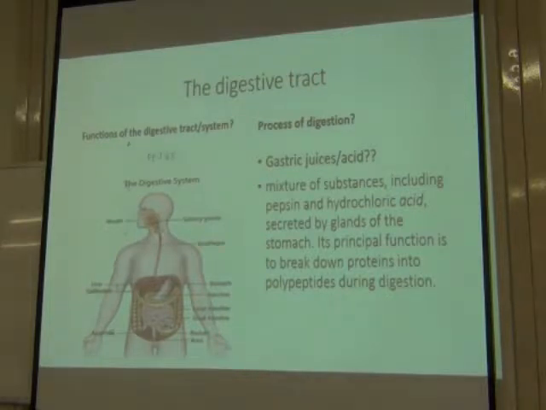Yeah, it goes down the esophagus, and then it enters the stomach. Gastric juices are released, and then they form chyme.